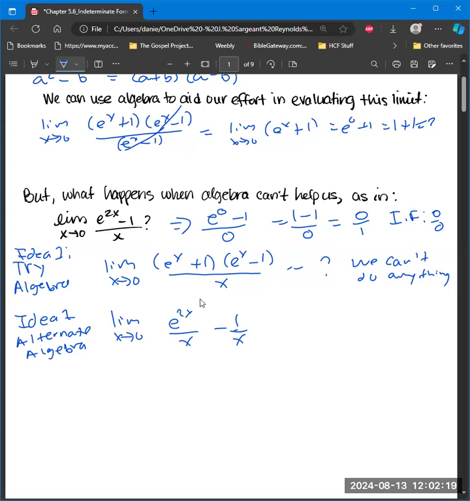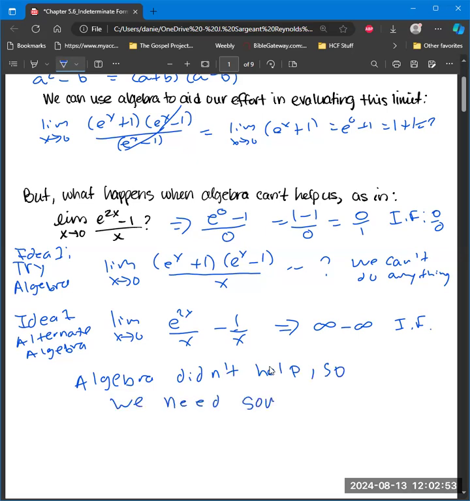And when we evaluate that, now we're going to get something that looks more like infinity minus infinity, which is another indeterminate form. And it's even a worse indeterminate form. It got worse, not better. Sorry. So we need something else. Algebra didn't help, so we need something else from calculus.